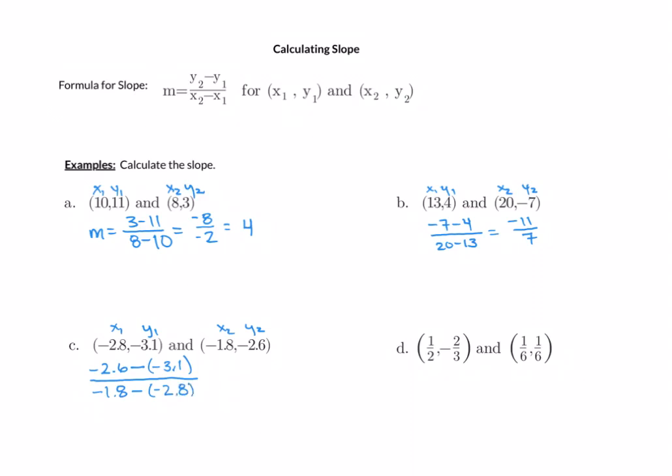Now each of these minus and negatives become plus. Negative 2.6 plus 3.1 is 0.5, and negative 1.8 plus 2.8 is 1. If we simplify this, it is the same thing as 0.5.